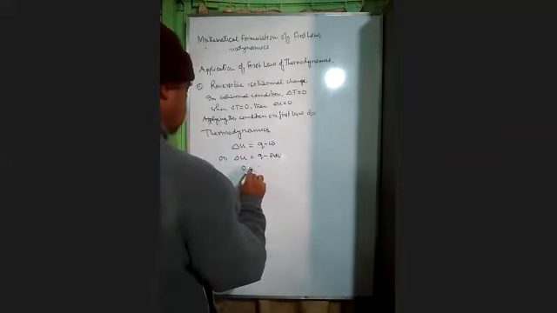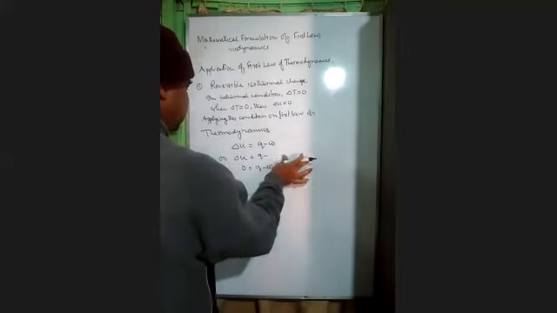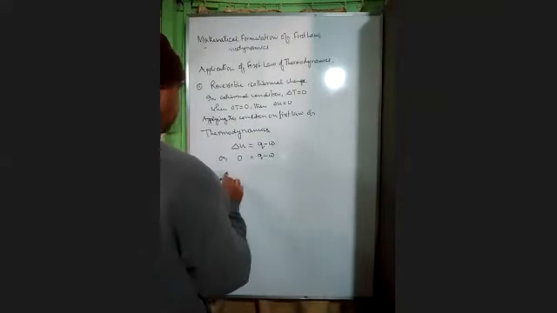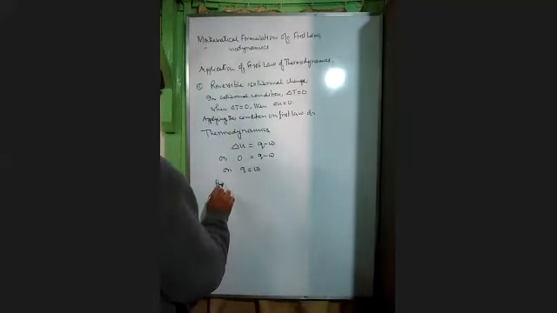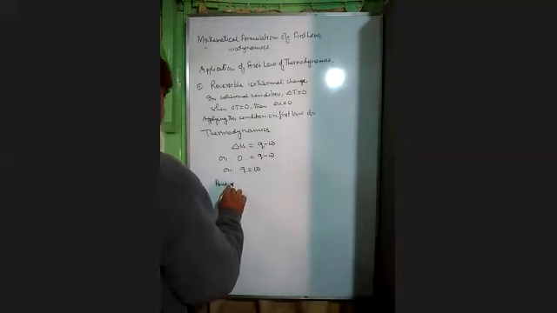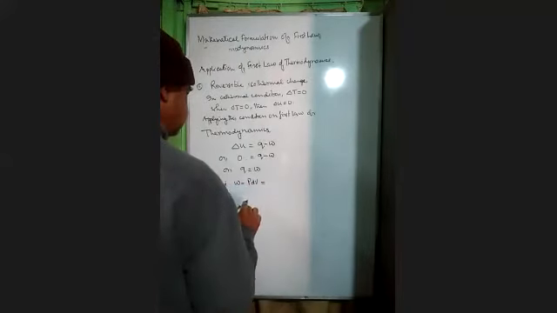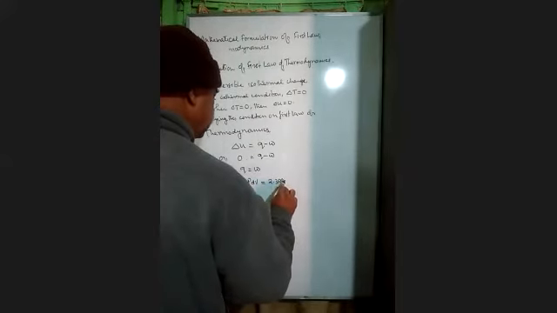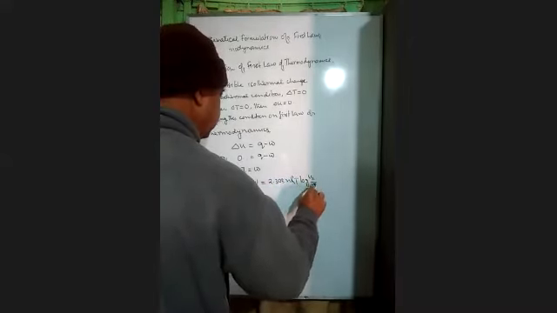So 0 is equal to Q minus W, or Q is equal to W. But we know W is equal to P into delta V, that we have already calculated, that it is 2.303 nRT log V2 by V1.